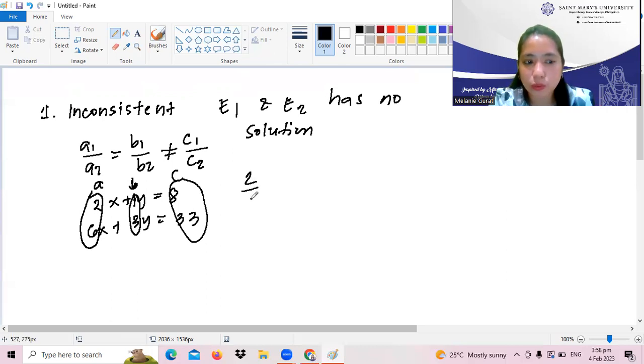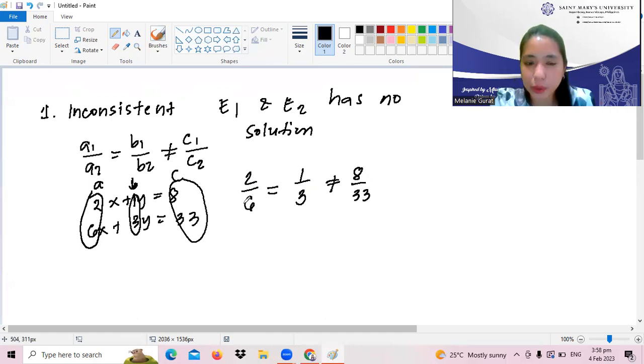So a sub 1 over a sub 2 is 2 over 6, and let's see if it is equal to b sub 1 over b sub 2, which is 1 over 3, and it is not equal to 8 over 33.